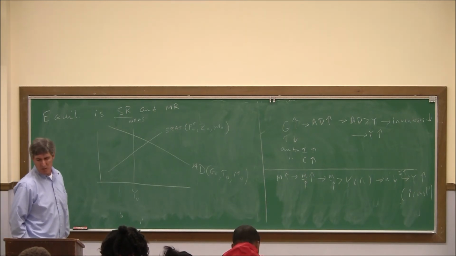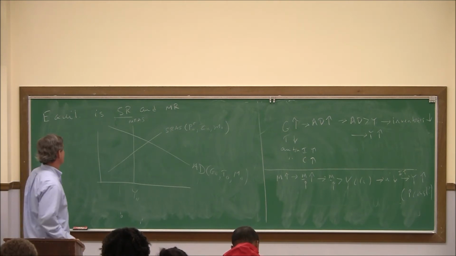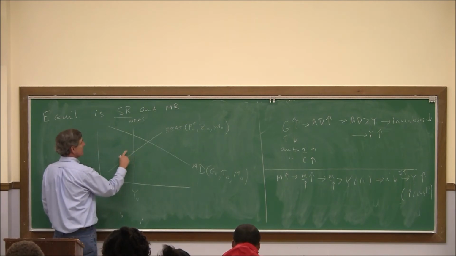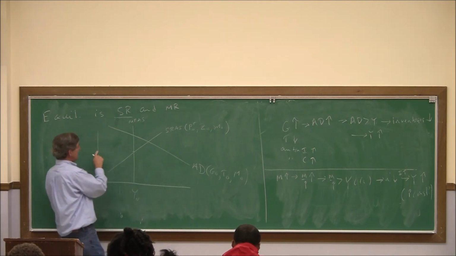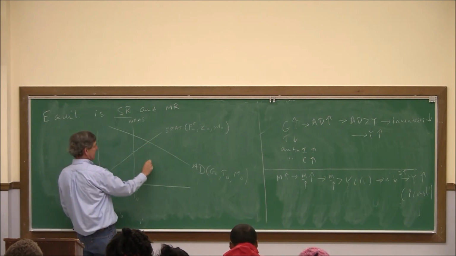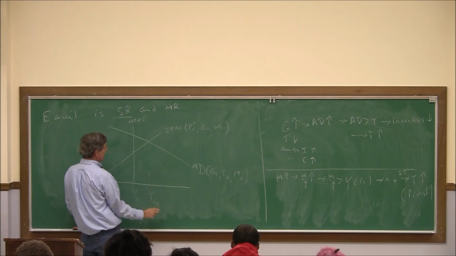So in the short run, this would be P0 right here, by the way. That's PE0, this is P0. So here's output. That's just a short run equilibrium.